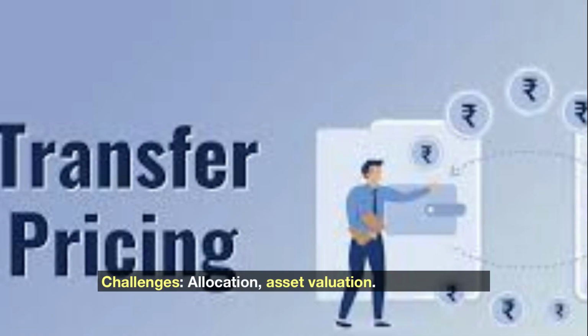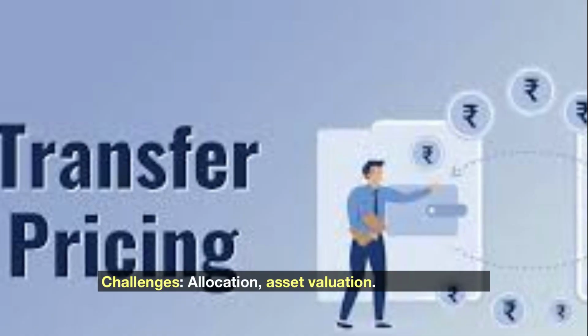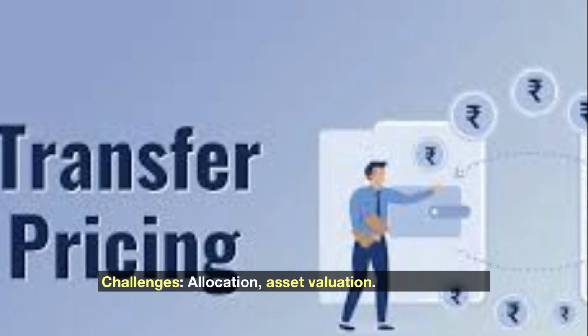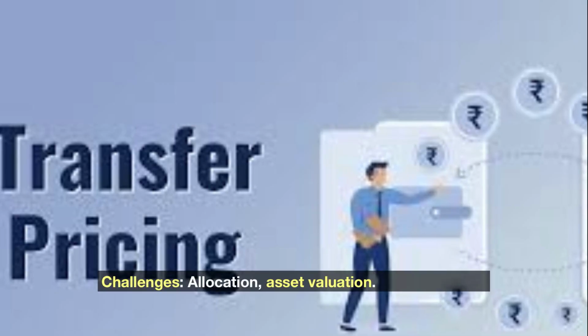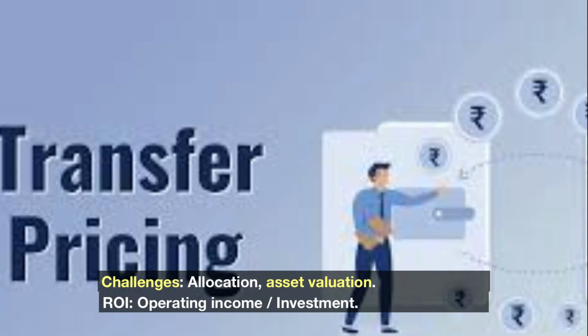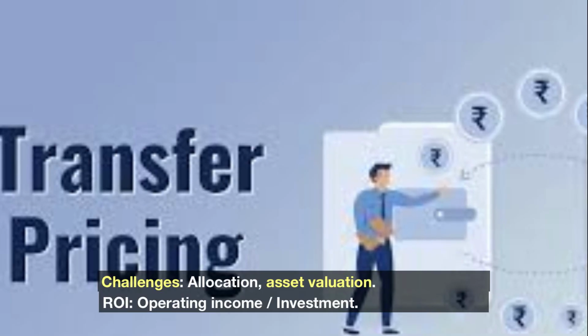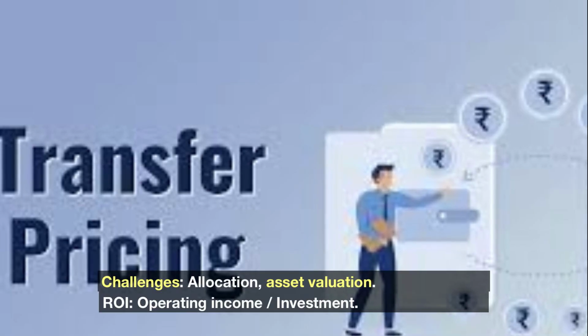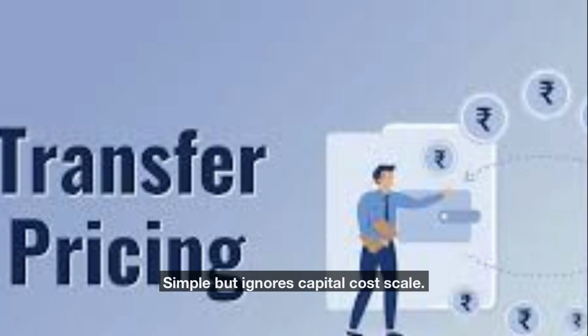The challenge here in developing performance measurements, of course, as I mentioned before, is allocation. That's a big thing. Also, if we're going to measure ROI, what are we going to evaluate the assets on? All right. So therefore, ROI is operating income divided by investment.